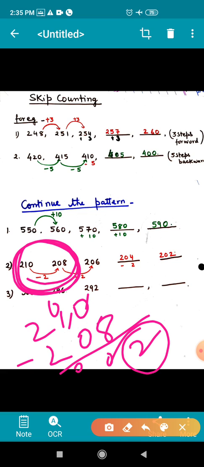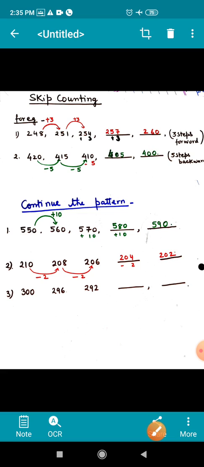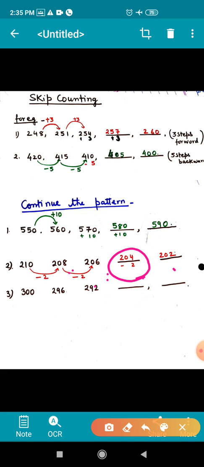It means you are subtracting 2 from the given number. So you have got 208, and when you subtracted 2 from 208, you have got 206, and when you subtracted 2 from 206, you have got 204. Again subtracted 2 and you have got 202.